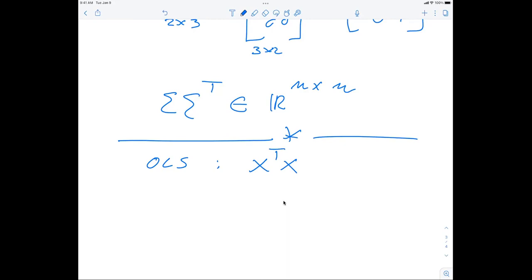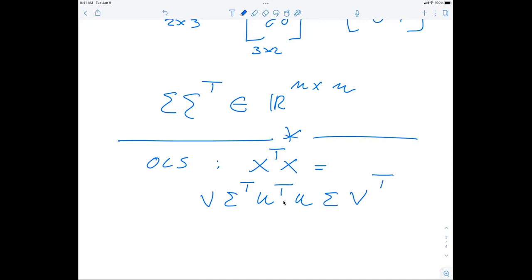If I do a singular value decomposition of that one, this is a matrix which can cause problems. It could be a defective matrix. It could be a matrix with a determinant equal to 0. So if I now look at it, I get sigma transpose times U transpose, and then I have U times sigma times V transpose.